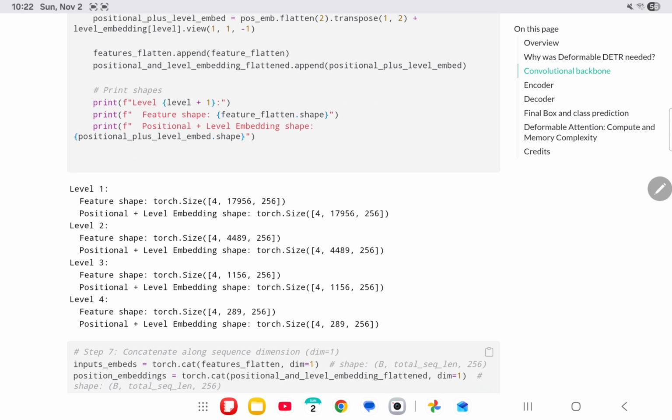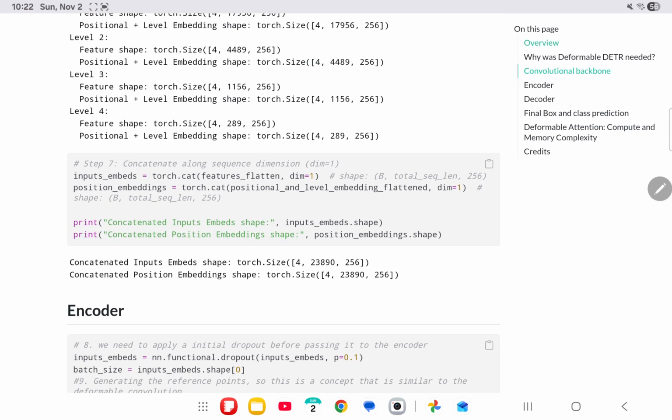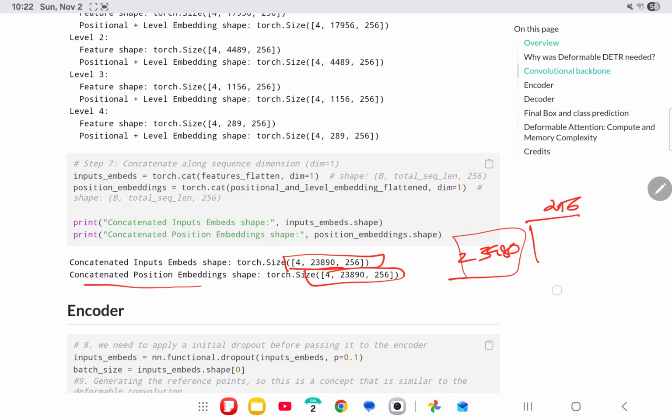And the corresponding level embeddings will be added, positional embedding and level embedding will be added, and the embedding dimension will be the same. We flatten all of them, add them up for the feature map as well as for the positional embedding, and in the end what we get is a flattened feature and flattened positional embedding which have the level embedding also in them. So now we have 23980 comma 256, which contains four levels and the corresponding embeddings, and the four is the batch size.